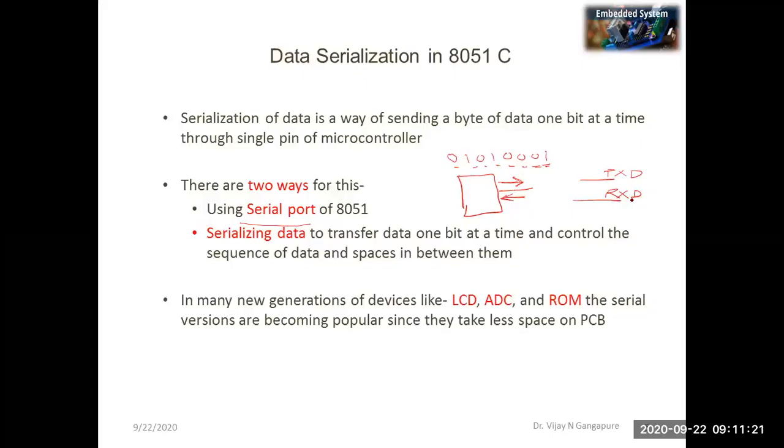Via the TXD pin I can transmit data out, and I can receive data serially on the RXD pin. While transmitting these eight bits of data, that is 1 byte, the framing, that is start and stop bits, is automatically added, and while receiving, these start and stop bits are automatically separated, and only the data byte will get received inside the 8051.